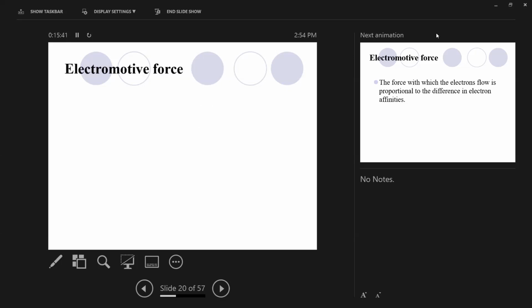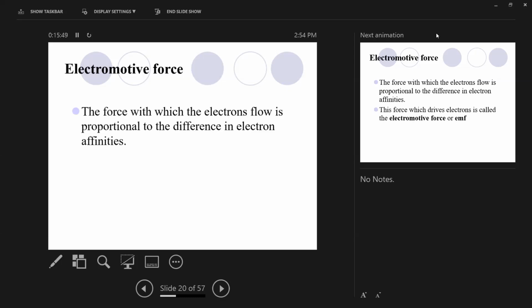So the redox potential is measured as an electromotive force. You can think of this as the force, or if force doesn't work for you, maybe the pull, the tendency for electrons to flow from one to another. It's going to be proportional to the differences in electron affinity between these two moieties.